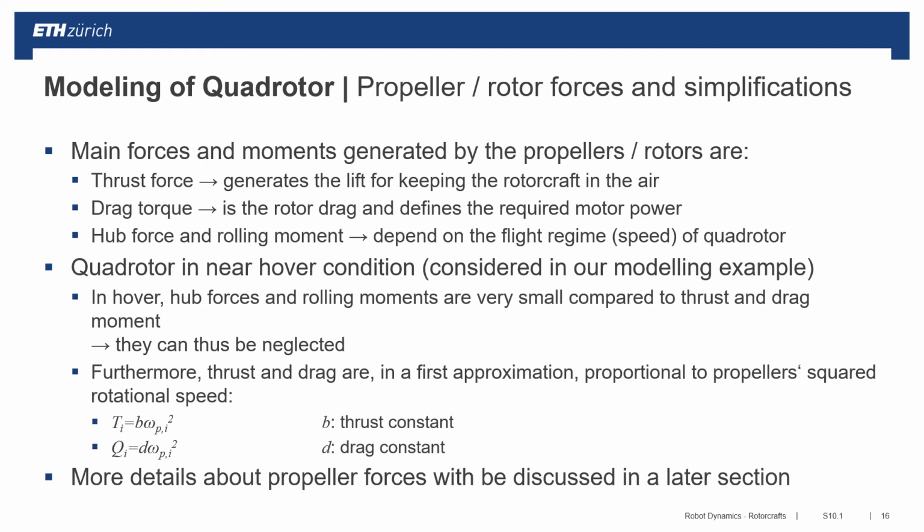Therefore, the thrust can be calculated by the thrust constant multiplied by the squared rotational speed of the rotor, and the same is true for the drag. The drag moment is proportional to the speed of the propeller squared. We will have more details about propeller forces in a later section of this segment.